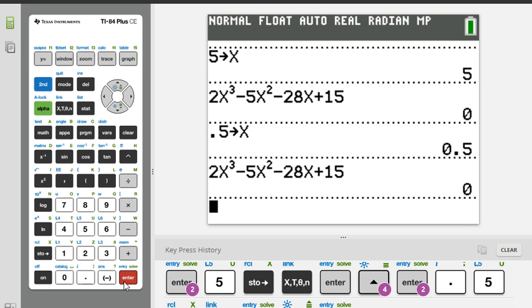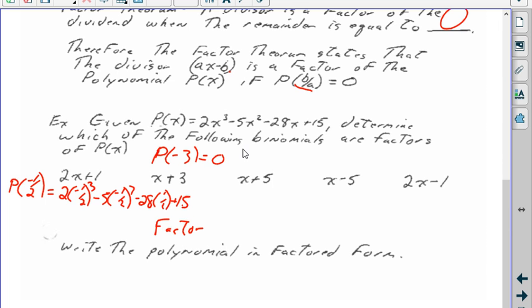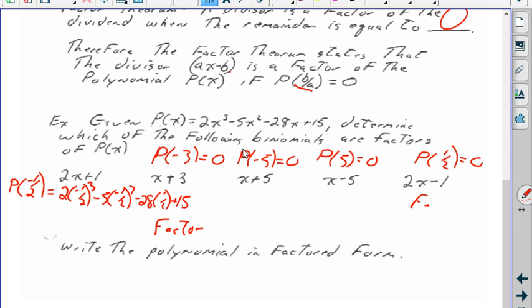And 2x minus 1. So P at -5 doesn't equal 0. P at 5 does equal 0. P at 1/2 equals 0. Factor, factor, not a factor.